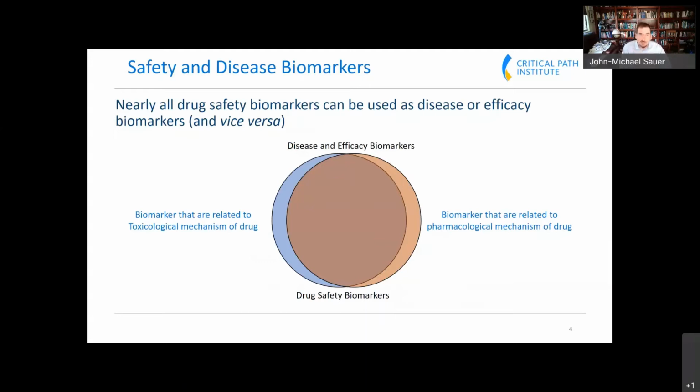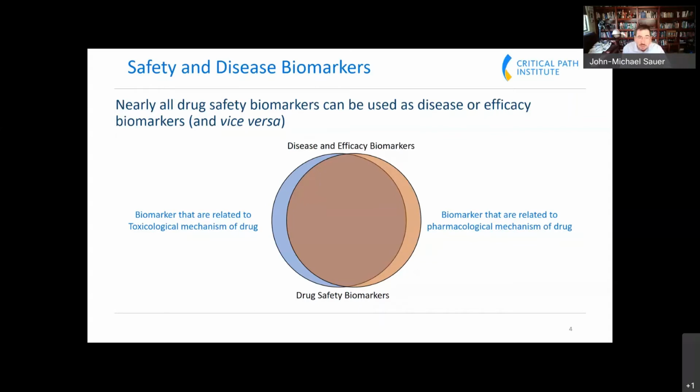There's no doubt that there's going to be some outliers on both sides. And these are going to be biomarkers that are primarily driven by the mechanism of the drug. We had a really great discussion within the working group that pulled this webinar together. And we basically posed the question, what are those outliers? Are there actually outliers?